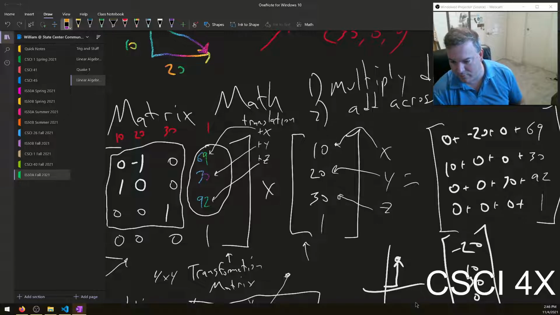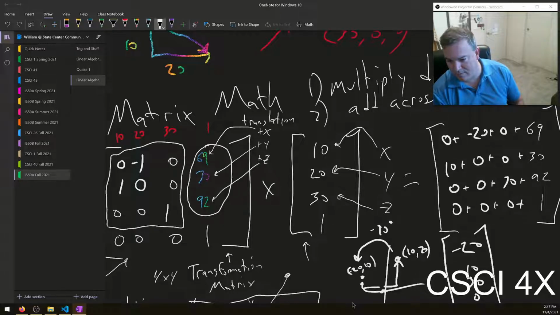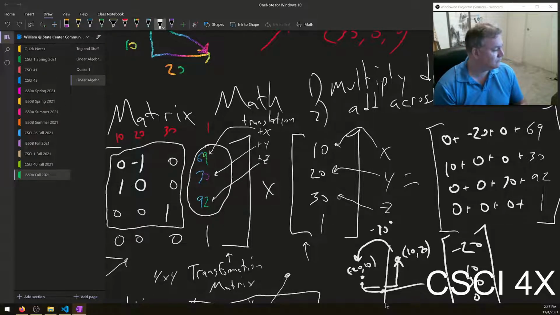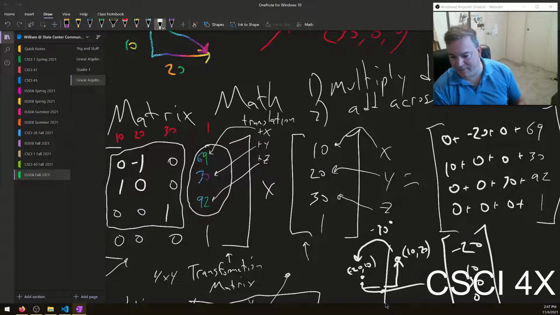So if we were at 10, 20, this turns into negative 20, 10. So back this way and up a little bit here. And so this is a negative 90-degree rotation around the origin. Okay. And then after that we do the translation. So it translates this way after the rotation.